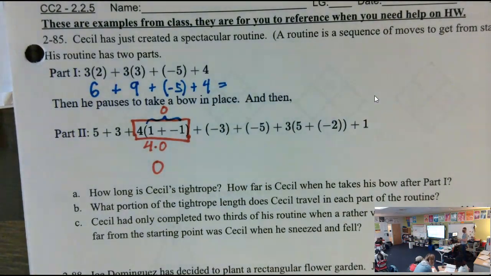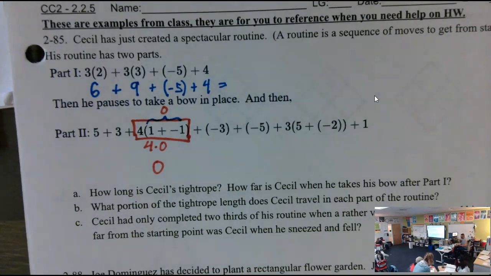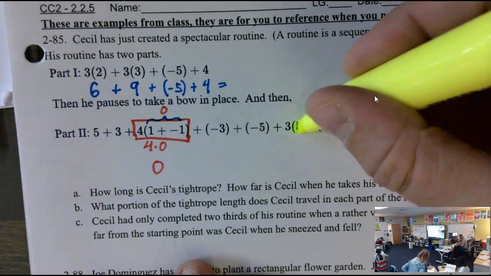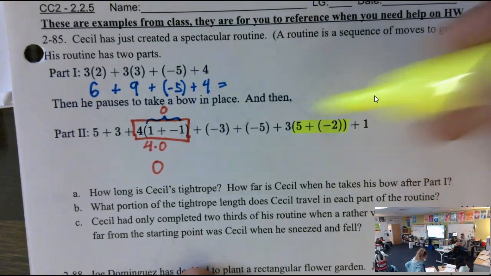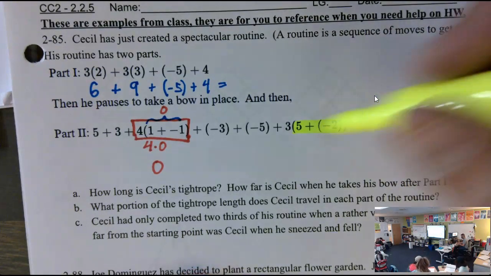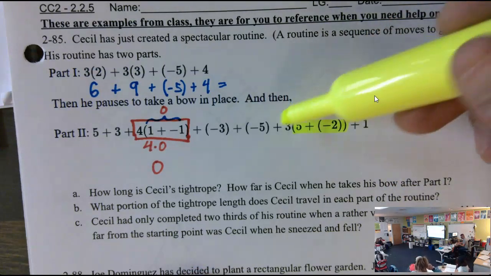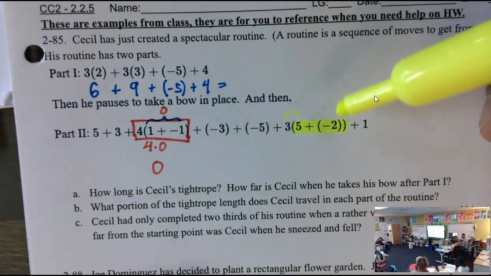All right, give me your eyes up here. Guys, here's the problem with math. Yesterday, we talked about the distributive property. That would say I can do 3 times 5, but I also have to do 3 times negative 2. But, guys, that's not always the best.